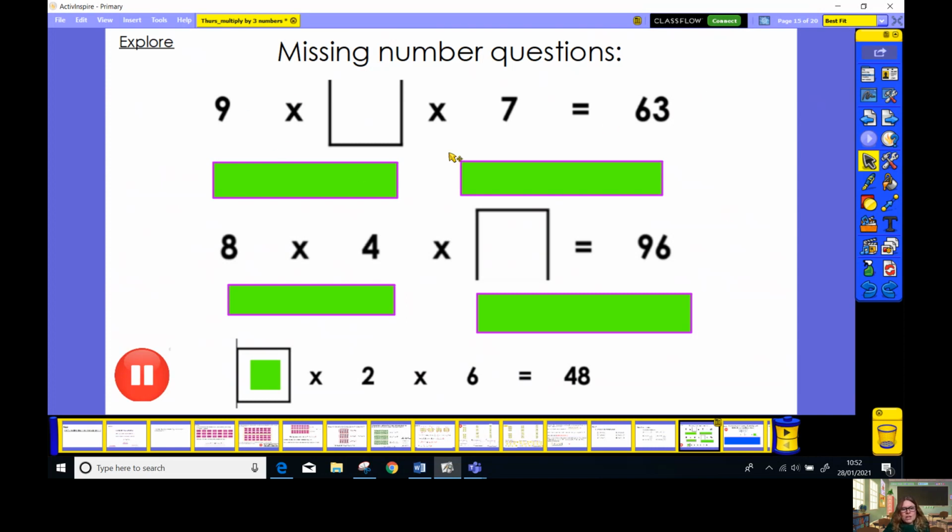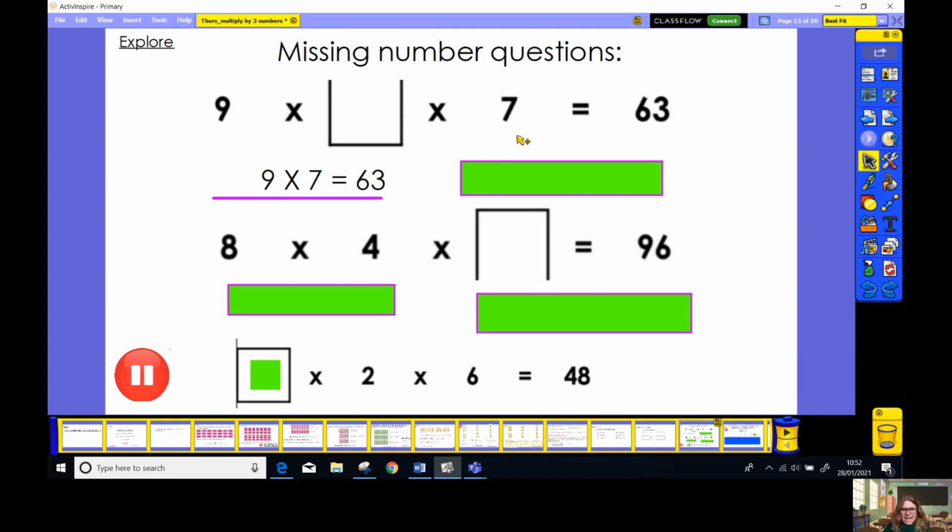Well, I'm going to use the numbers that I do know. I've got 9 times 7 here, so I could ignore the missing number for the moment and just do 9 multiplied by 7. 9 multiplied by 7 is 63. So this is the product 63, but I still need to add a number in here.